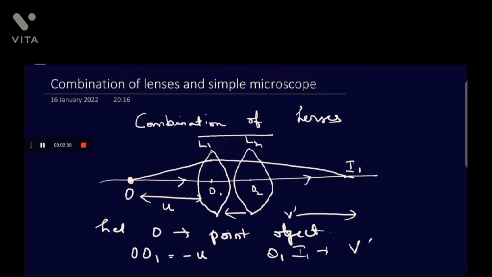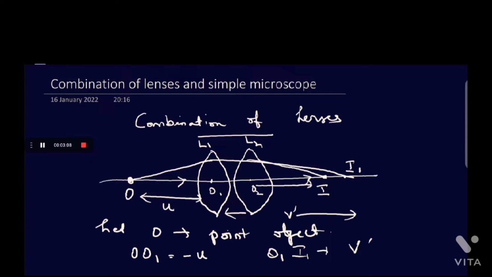Now additionally you are placing the lens L2. So if the ray is about to pass through the lens L2, then it is increasing the convergence. So with respect to the lens L2, the refraction will happen in such a way that the additional convergence will try to make an image over here, say I. So the image formation according to the lens L1 is I1 and with respect to the lens L2 is I. So this is the final image formation.